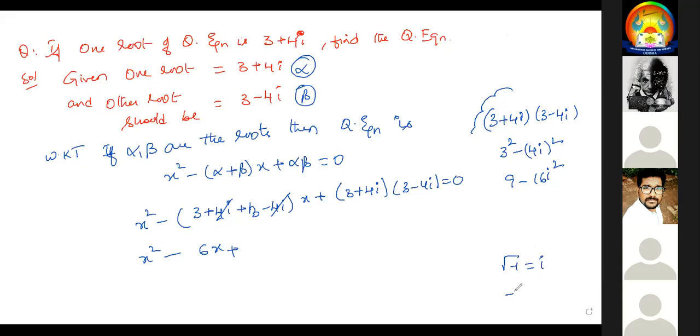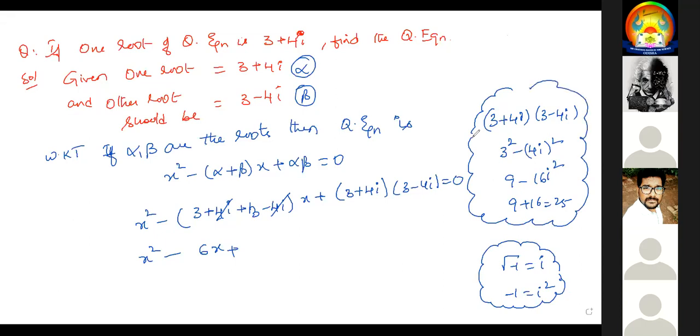Squaring on both sides, minus 1 is equal to i square. So it will become 9 plus 16, that is equal to 25. So x square minus 6x plus 25 equal to 0 is the quadratic equation they are asking.